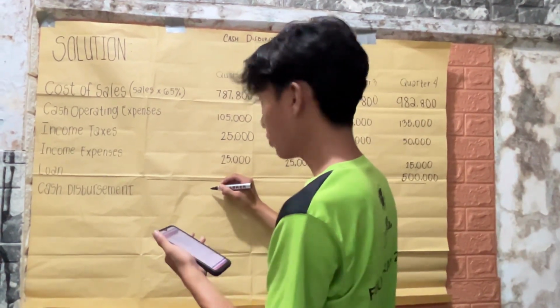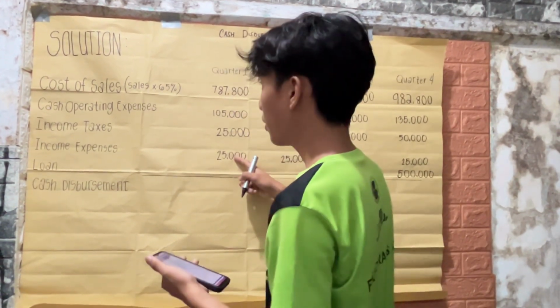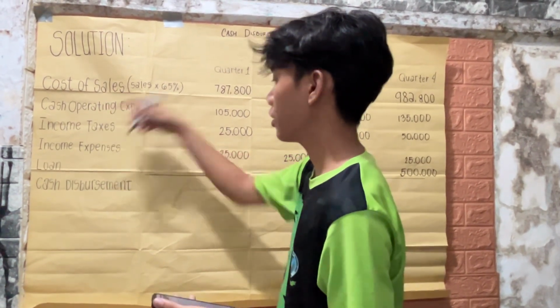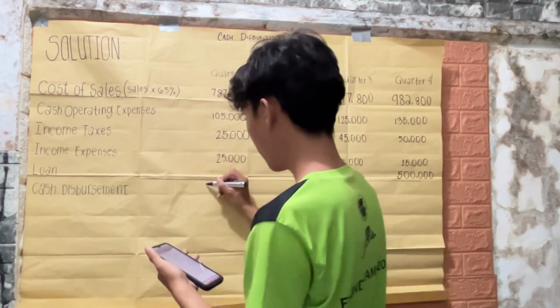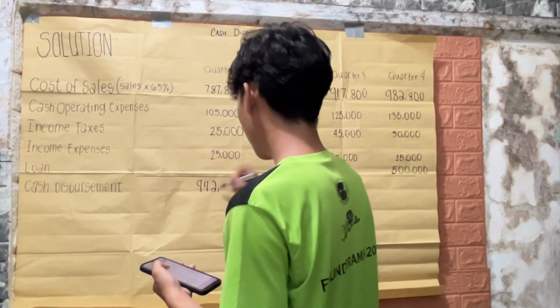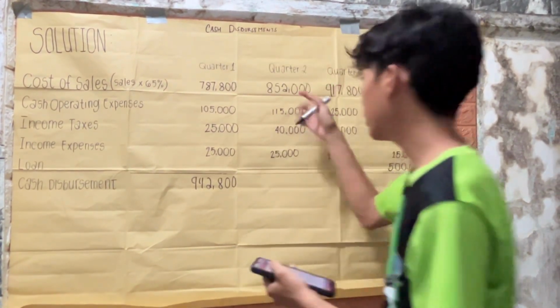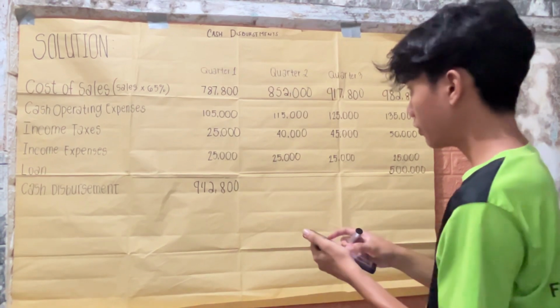So the cash disbursement for quarter one is the total of all these, the cost of sales and the expenses: 942,800.